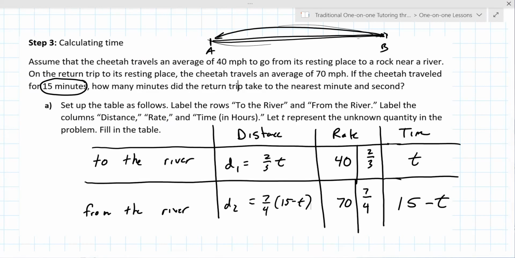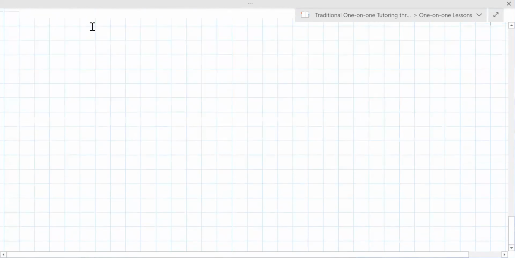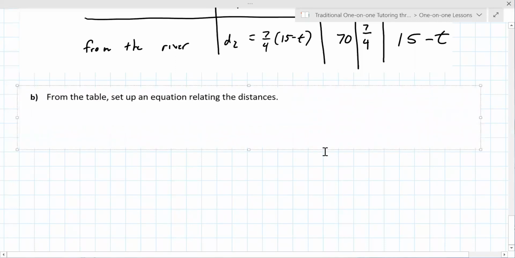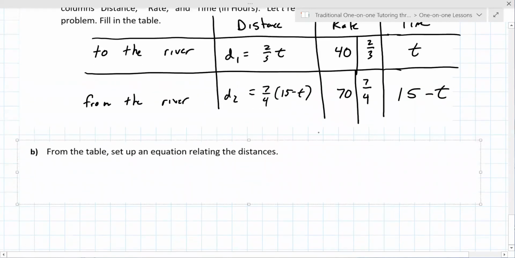Okay, so we can move on to part B. They give you a lot of room for part B, but you actually need more of the room for part C. It says from the table, set up an equation relating their distances. As you mentioned before, the distance there equals the distance back. That's a huge assumption here.